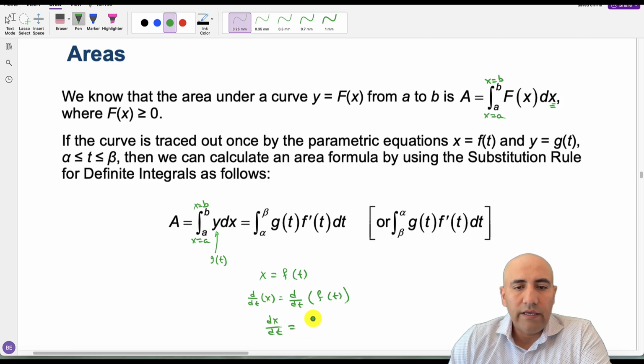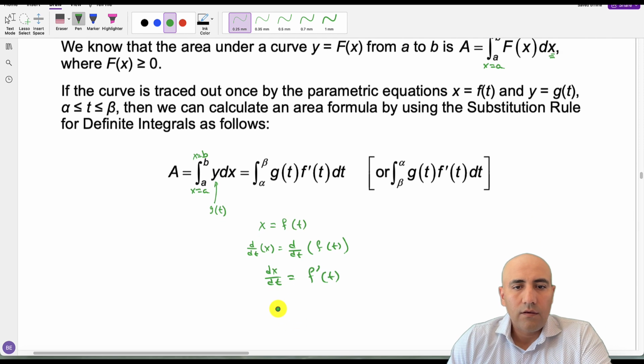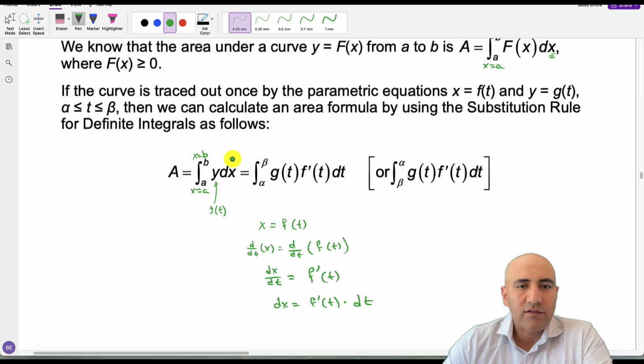And here, well, it's just f prime of t. And then, of course, now we can solve for dx by rewriting this as dx equals f prime of t times dt. And that can be used right here to replace this dx. So this dx becomes f prime of t dt. And now we've completed our substitution.